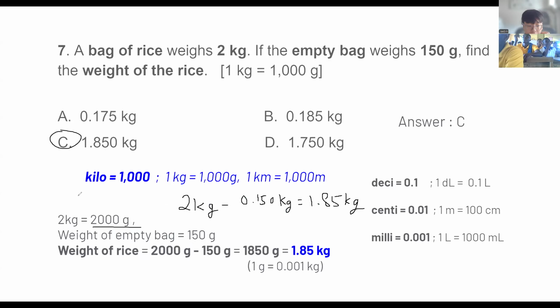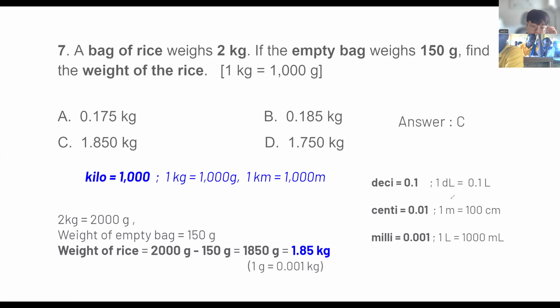And there are other unit conversions too. This one was just changing from kilograms to grams, but you can also change from deci. Deci means 0.1 of anything. So from grams, a decigram is 0.1 gram.